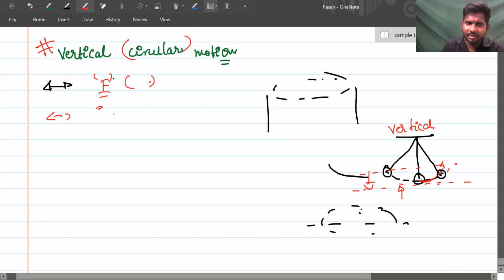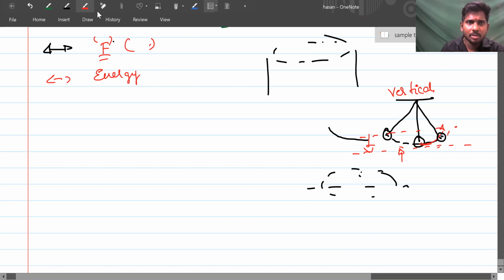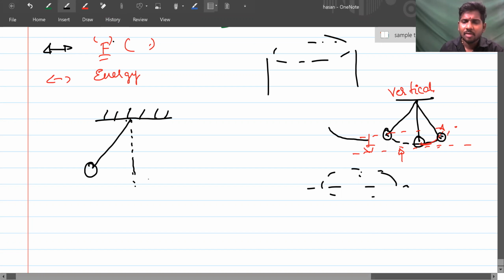Using both, we will try to figure out this concept of vertical circular motion. Finally, I'll give you two very important equations for solving numerous different kinds of standard problems in circular motion. First, we'll try to understand this concept here.